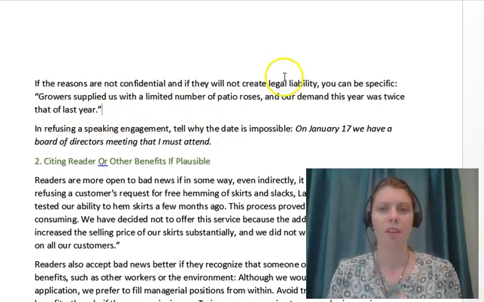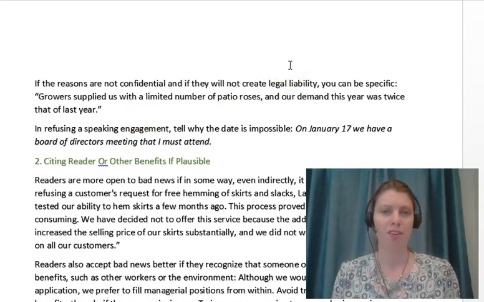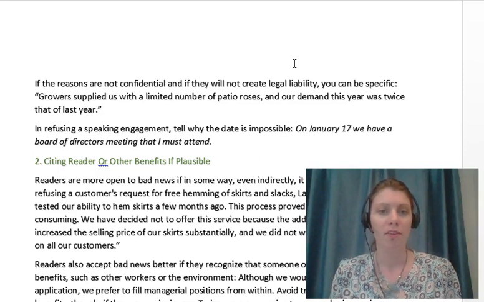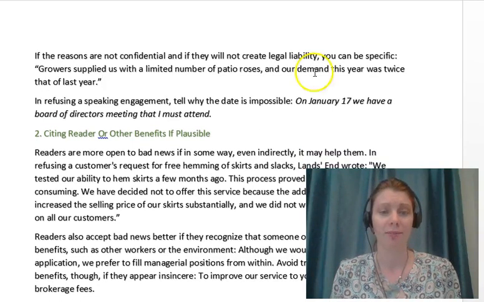Okay, so we can be specific. We can say, look, we needed more. If you're refusing to speak at an engagement, for example, then you can say that the date didn't work for you. You can be very clear.